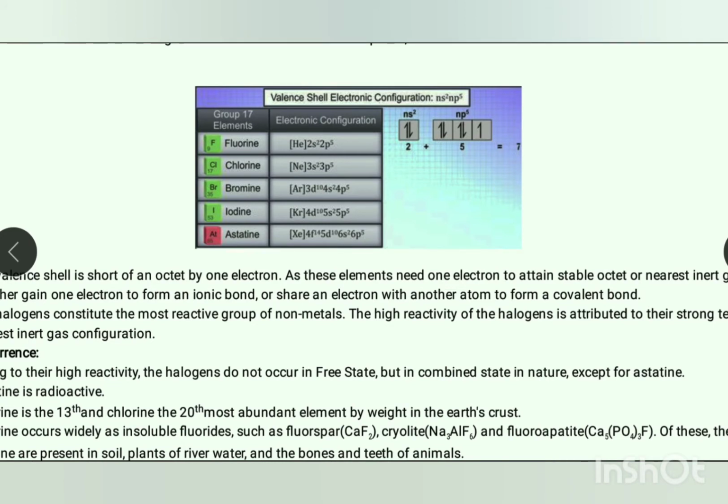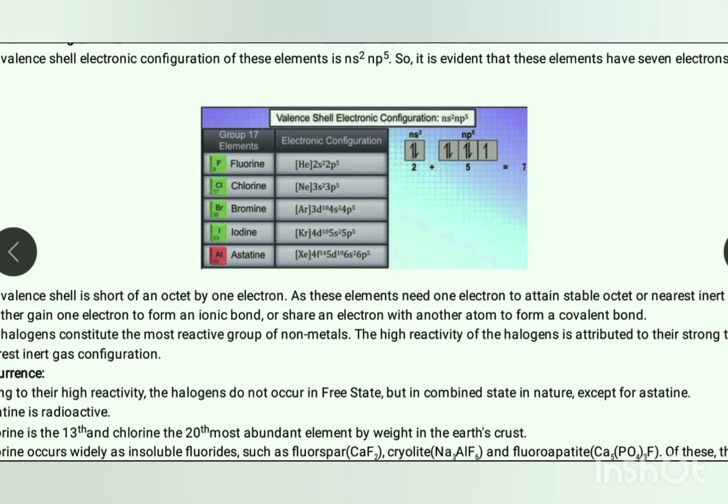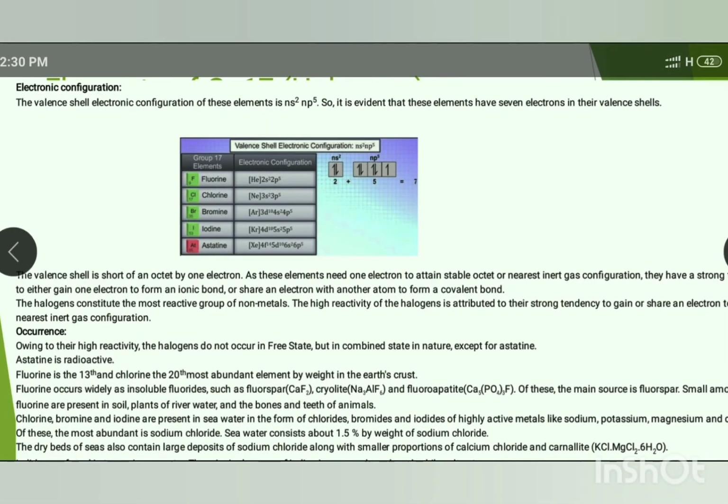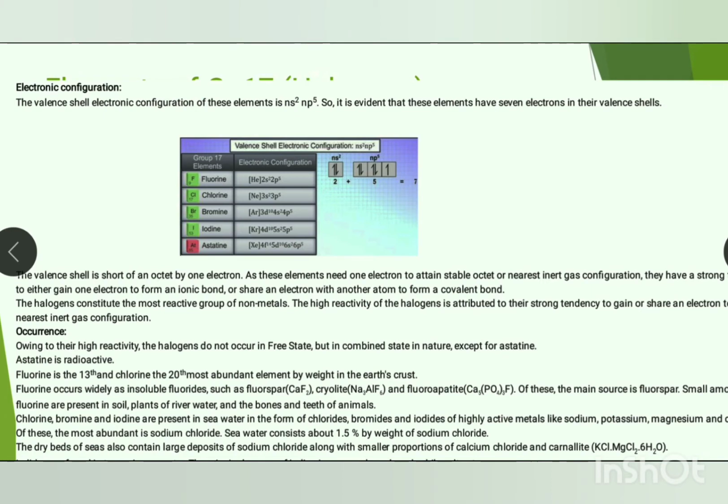These elements are collectively called halogens. Halogen is a Greek word. Halo means salt and gens means form, meaning these elements are salt producing elements. That's why they are also called halogens.